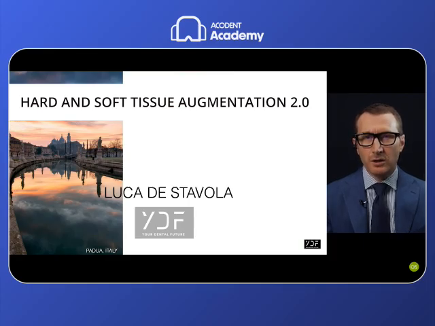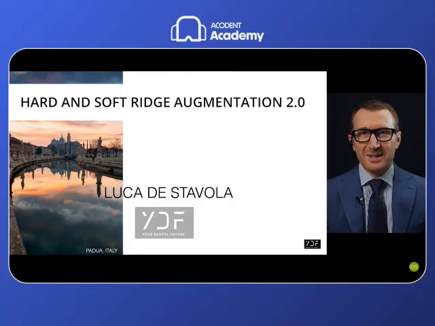And we are going to focus on the soft tissue management, how we can elongate the flap, how we can obtain a real predictable primary wound healing of our surgical procedures, so as to improve the overall predictability of the treatment. So we are starting now talking about the biology around the bone augmentation and in strict relationship with what we are doing. And now we are ready and we start.